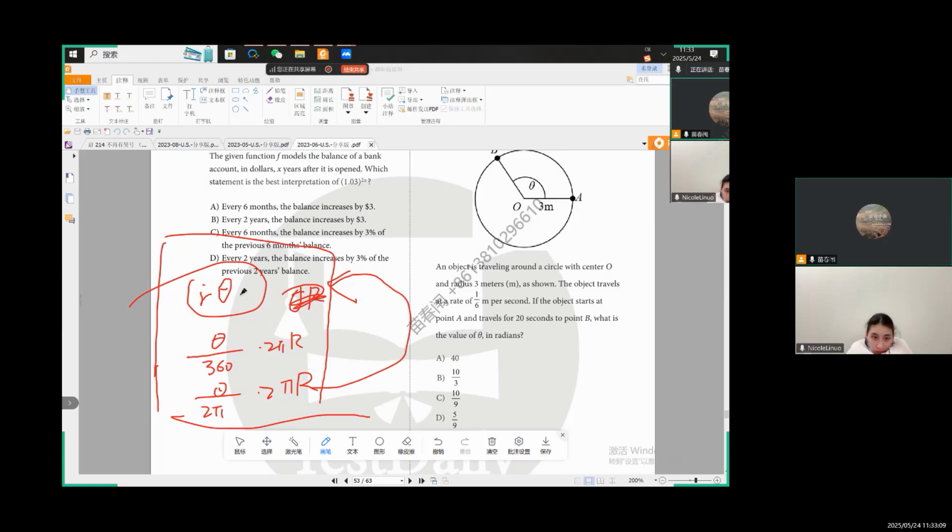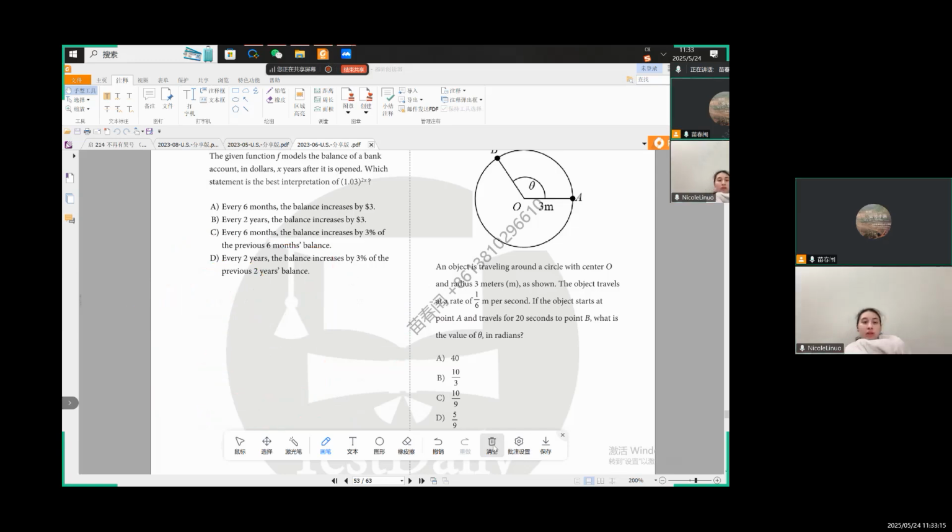And here we should also probably review the area of the sector formula. Pi r squared theta over 360. Yes, one of them. The other way? Pi r squared theta over 2 pi. Yes, very nice. And simplify, pi and pi are out.